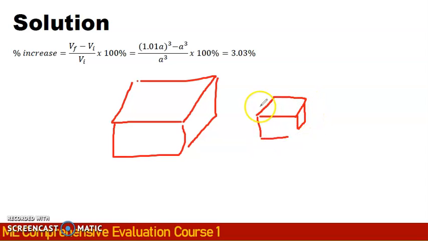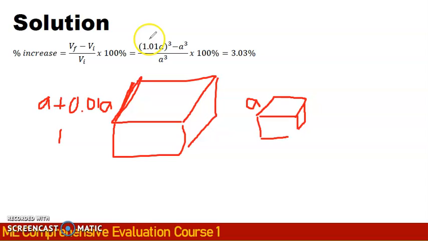Say this cube has an edge of a. Increasing it by 1% means 1% of a, so that's 0.01 a. So the length of this edge now will become a plus 0.01 a, or basically just 1.01 a.